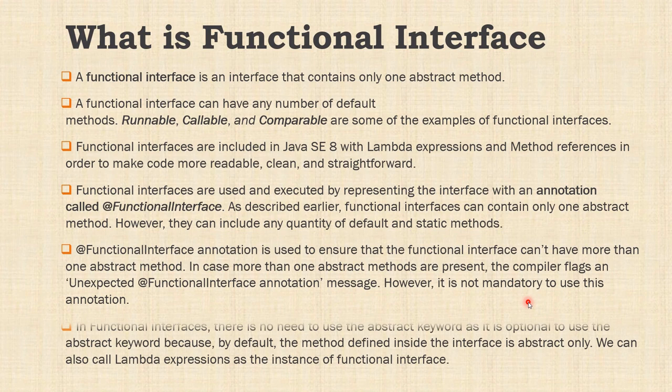In functional interfaces, there is no need to use the abstract keyword, and it is optional, because by default the method defined inside the interface is abstract only. We can also call a lambda expression an instance of a functional interface. All the methods which you are going to declare inside the functional interface will be abstract methods only.